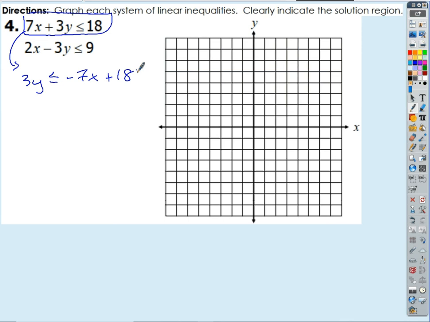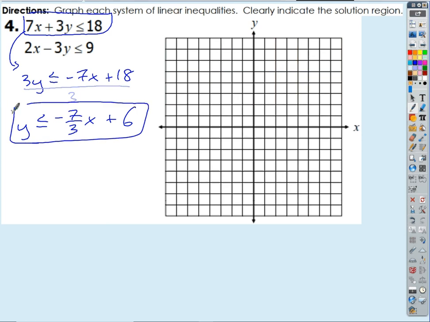Okay, what's next? Divide by 3. If I divide everything by 3, I'm going to get y by itself is less than or equal to, what's the fraction going to be? The m? Good. Negative 7/3 x plus 6. Okay, so let's graph that one.